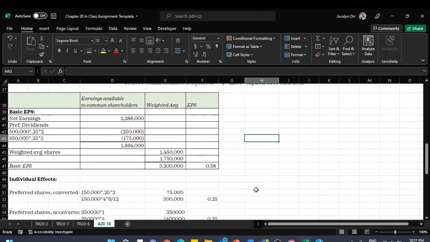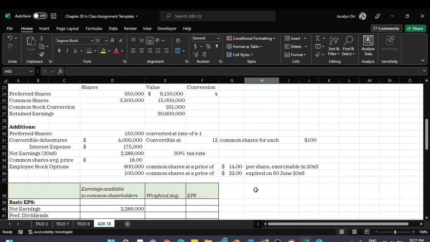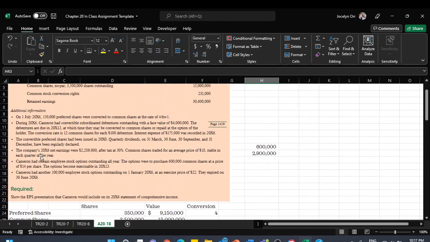Okay, so next we are going to look at our debentures. So they had convertible subordinate debentures outstanding with a face value of $4 million. They can be converted to common shares, 12 common shares for every $100, and we have interest expense of $175,000.